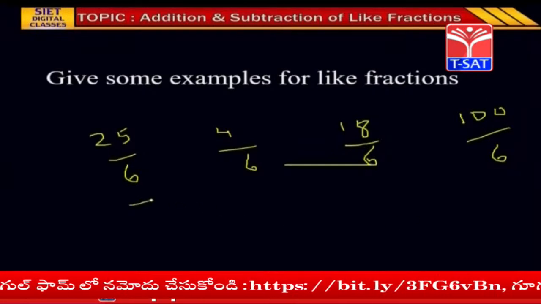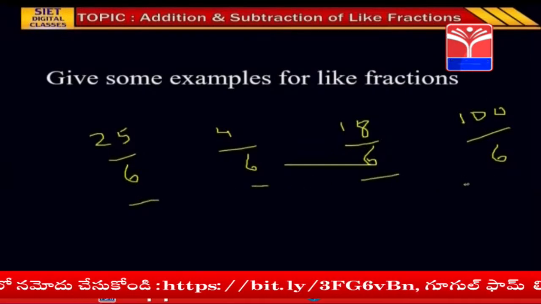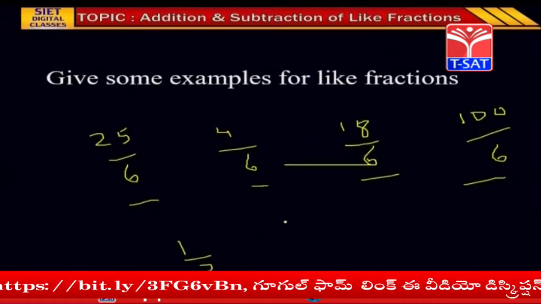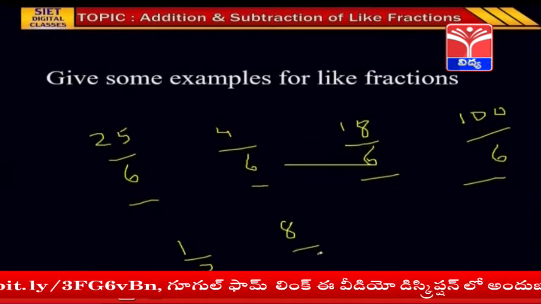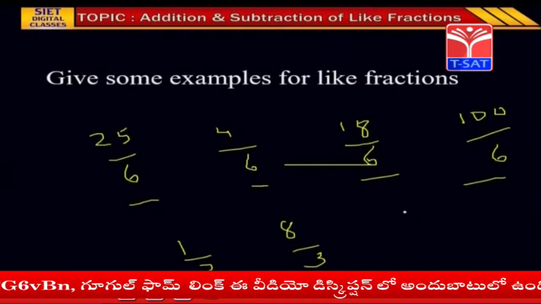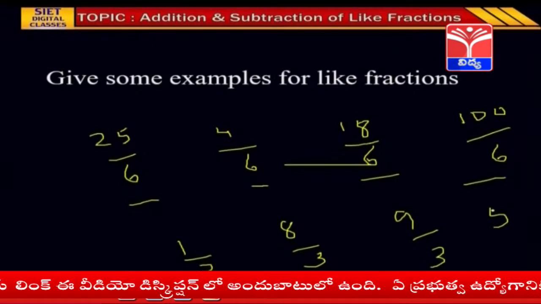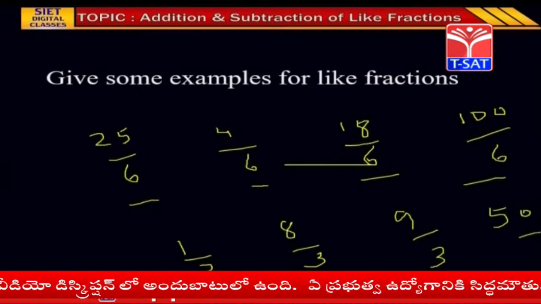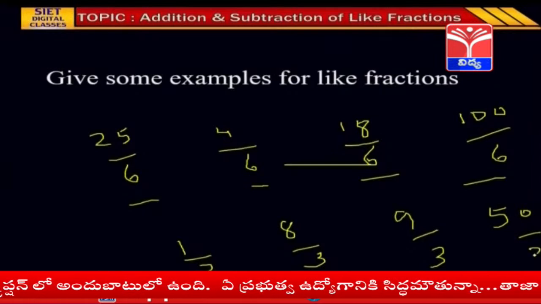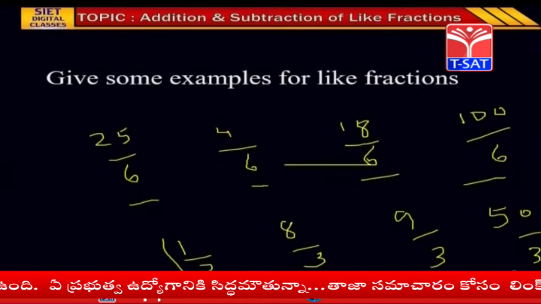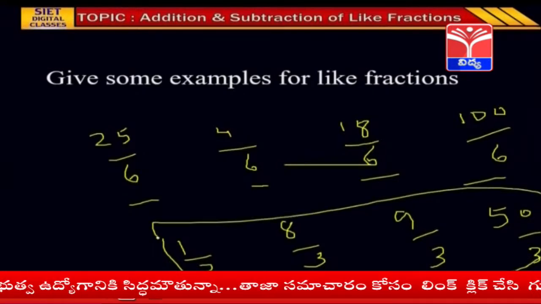Because denominators are same. Like this, 1 by 3, 8 by 3, 9 by 3 or 50 by 3, these are also like fractions.